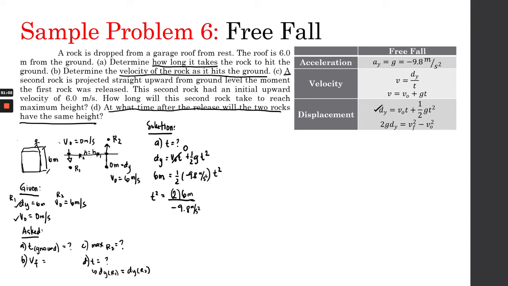Okay, so we have to take the square root of both sides because this is squared, and that would give us t is equal to 1.1 seconds. So the time it takes for rock 1 to arrive at the ground is 1.1 seconds.